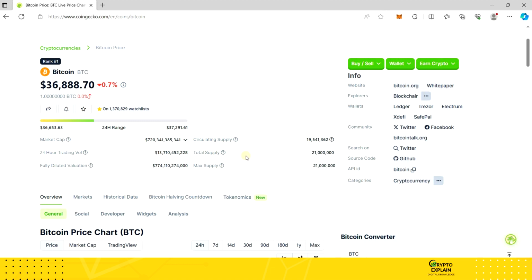Regarding the total and maximum supply, these values are the same because after mining 21 million, no new bitcoins will be created. The limit is fixed and predetermined. Most likely, after reaching this limit, the proof of work algorithm will transition to proof of stake, but this is just my speculation, and nothing is certain yet.